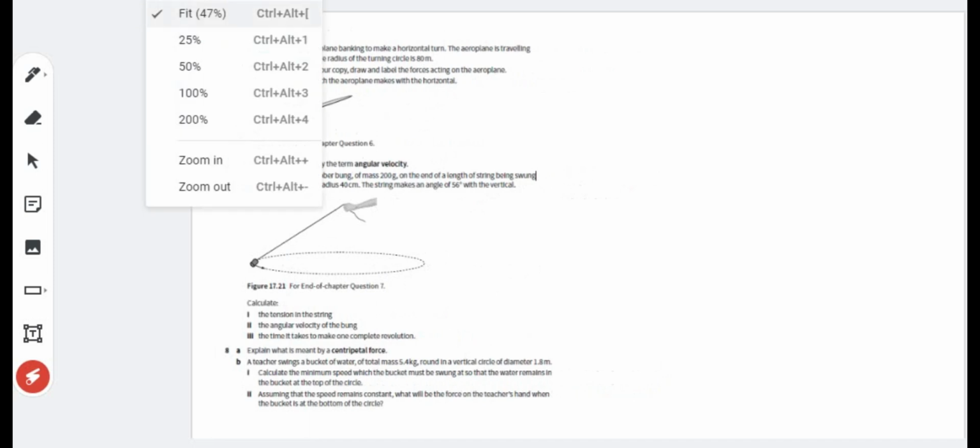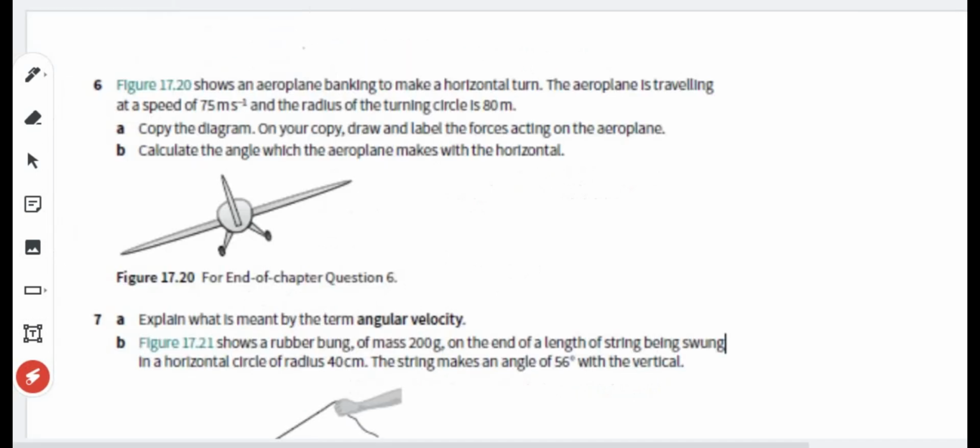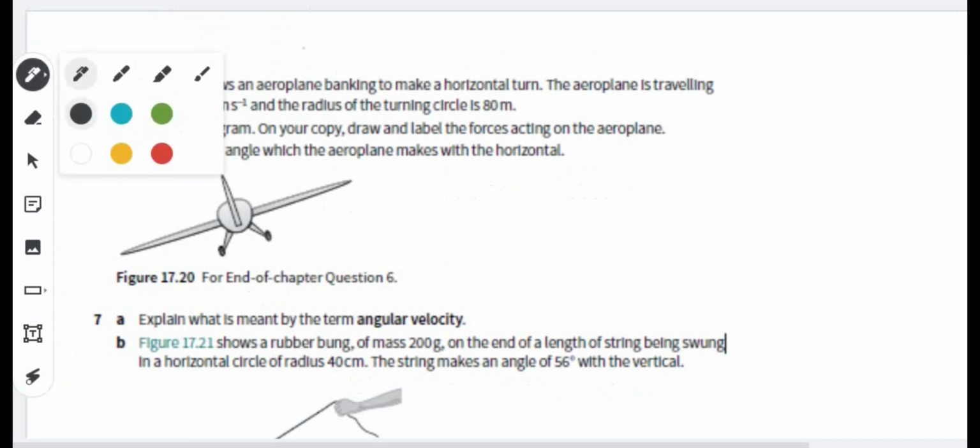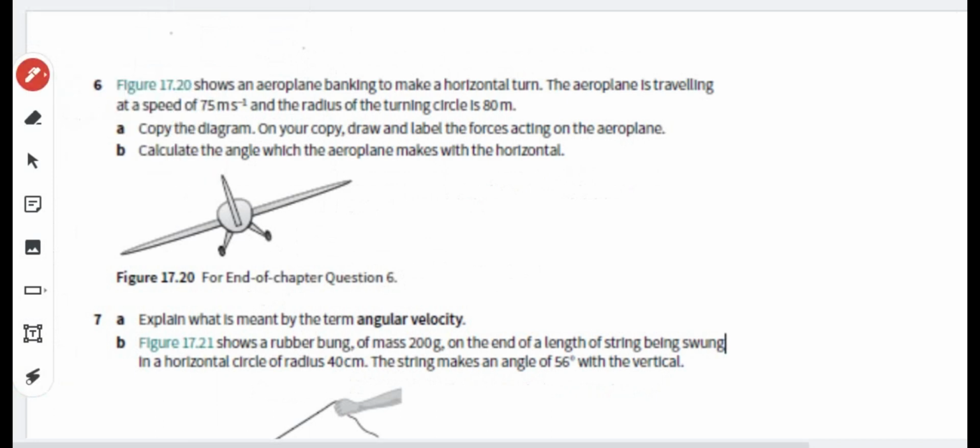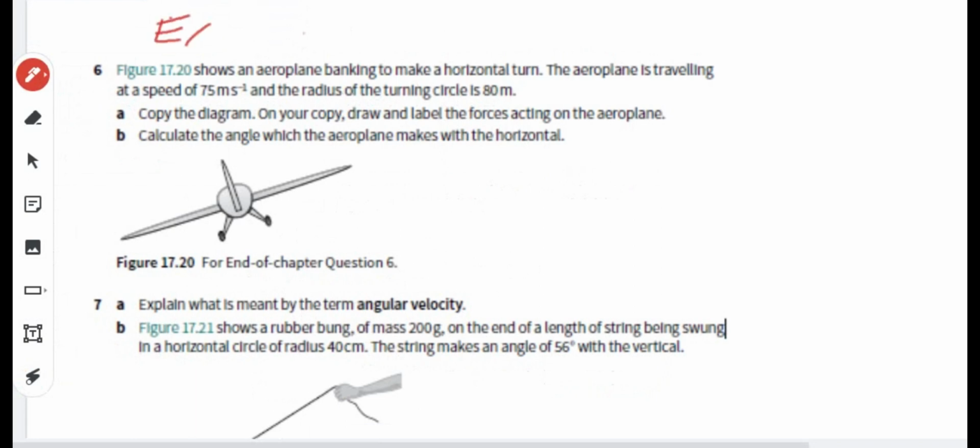So I'm going to zoom this in as much as possible, and we look at this question. These are some practice questions to illustrate this, so examples, I can call them examples, as follows. This first one says figure 17.20 shows an aeroplane banking to make a horizontal turn.